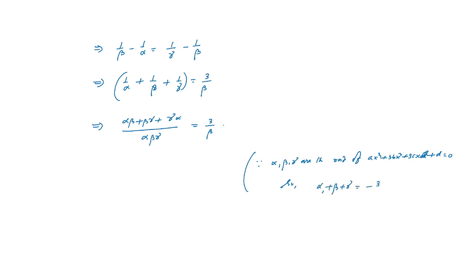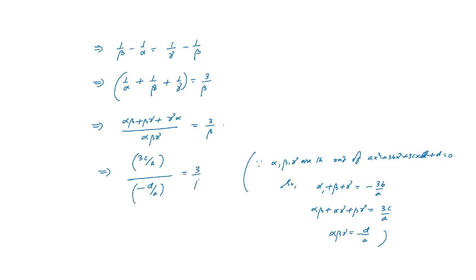That will be minus 3b by a, alpha beta plus beta gamma plus alpha gamma will be 3c by a, and alpha beta gamma equals to minus d by a. So this will be 3c by a over minus d by a, that is basically 3 by beta.